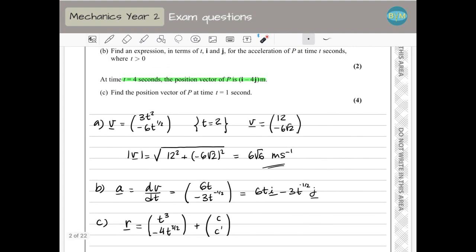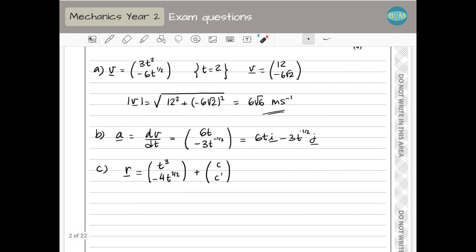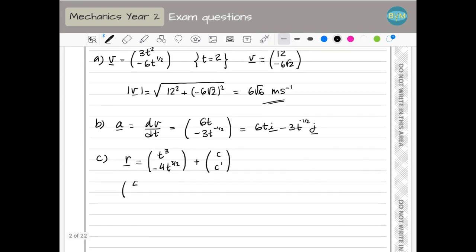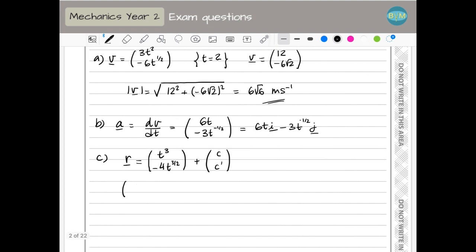They say when t is 4, the position vector is i minus 4j, which means 1, minus 4. So my position vector, when t is 4, is going to be the integrated expression plus c prime. Yeah. So when t is 4, I have 4 to the power of 3, which is 64, and then square root of 4 is 2, to the power of 3 is 8, times 4, 32.